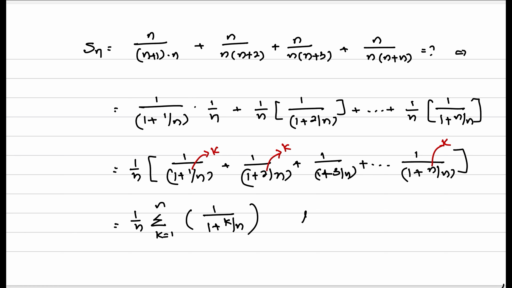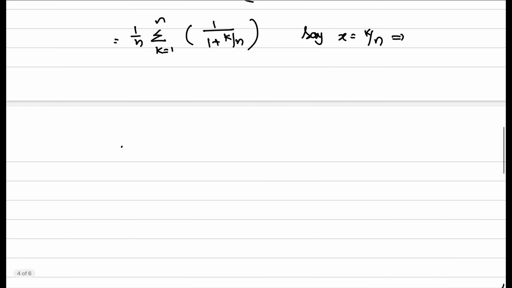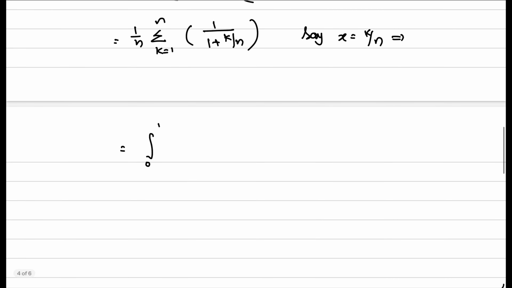Let us say x is equal to k by n. Then it becomes integral from 0 to 1 of 1 by 1 plus x, since 1 plus k by n is 1 plus x.